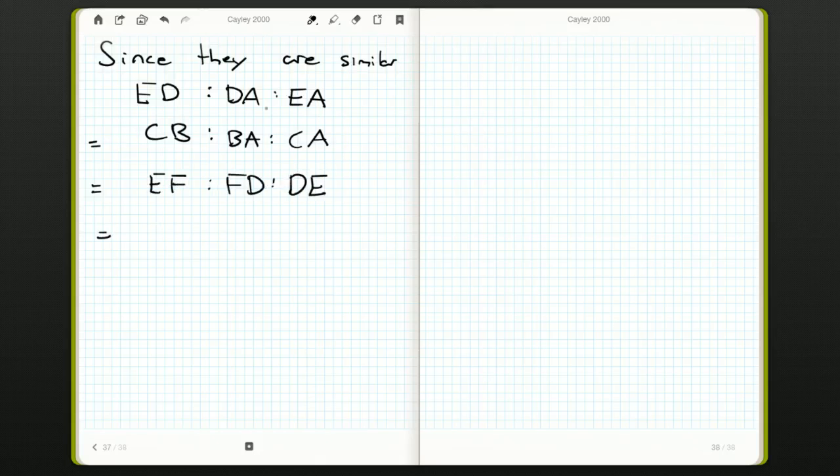And we know, because we figured this out first, the bigger triangle is 25, 24, and 7. So now we know the ratios of all these, and we know what CA and DE are. We know they're both 7. So using that, we can figure out what CB is, what BA is, what EF is, what FD is.